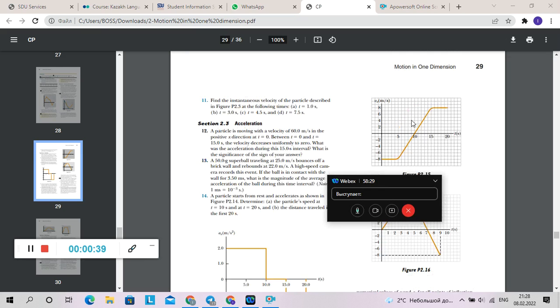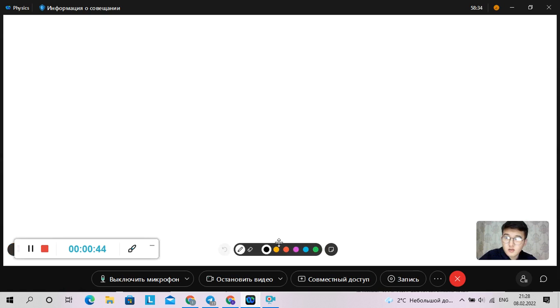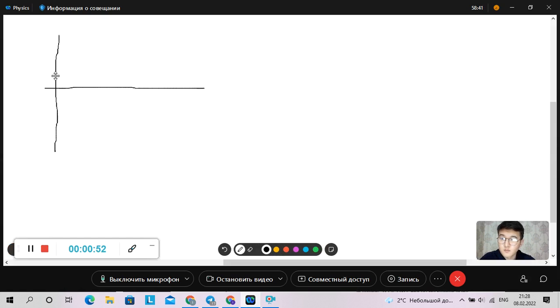This is a graph and I will draw it. The velocity axis has 2, 4, 6, and 8, and minus 2, minus 4, minus 6, minus 8.